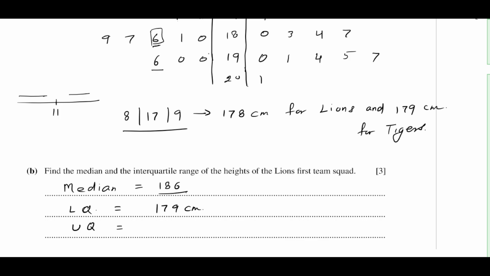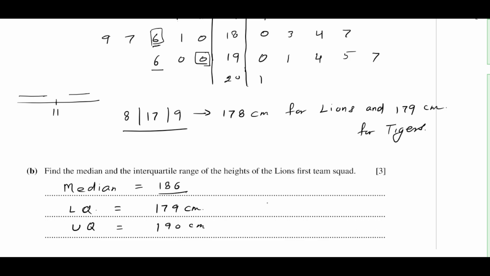From this end, the third term is 190. So the upper quartile is 190. So 190 centimeter is your upper quartile and 179 is your lower quartile. Okay, so you got your lower quartile and upper quartile.